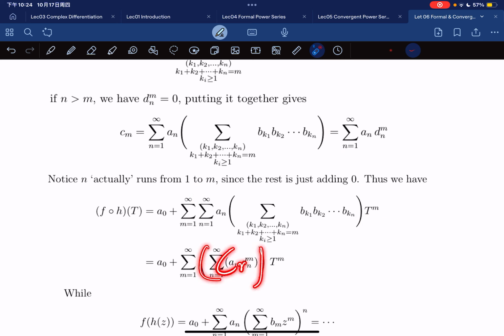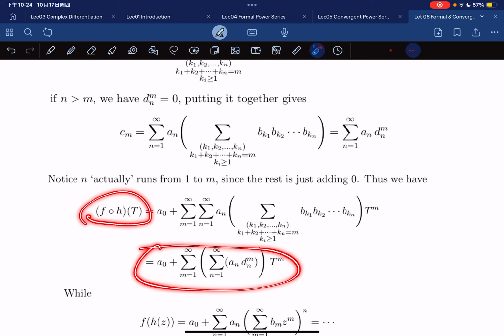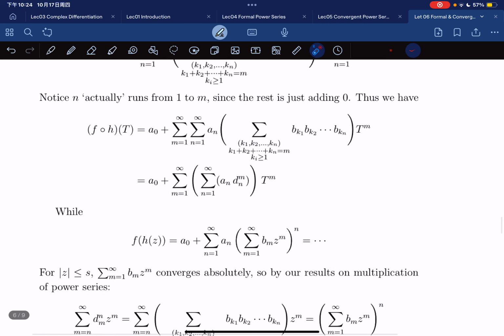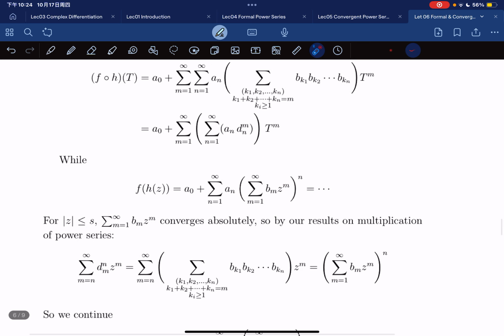So this is a0 plus the sum from m equals 1 to infinity of Cm t^m. So this is the expression of f of h of t. And well, we want to compute this. f of h of z is equal to a naught plus the sum of an, and each an, the thing inside is the sum of bm z^m, to the power n. So what does this equal to?